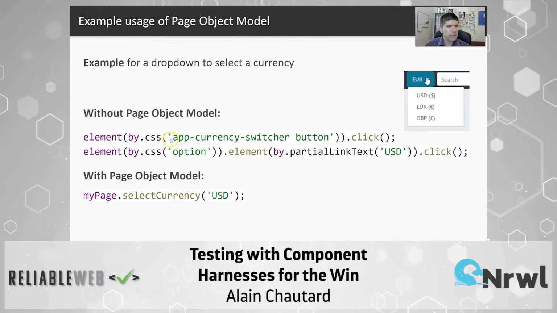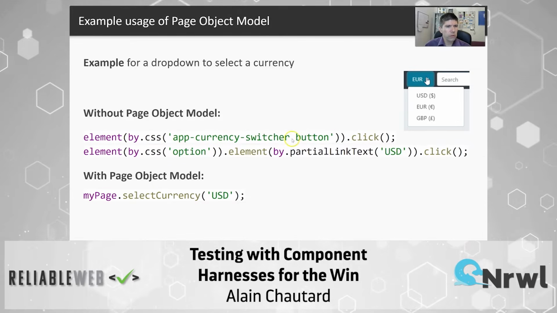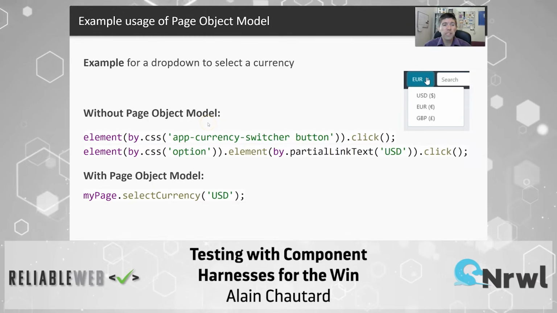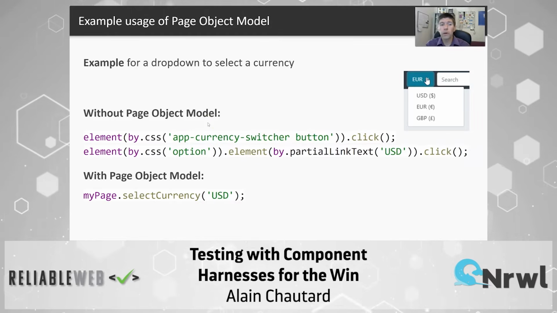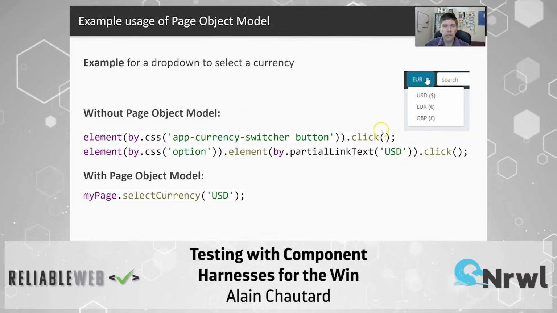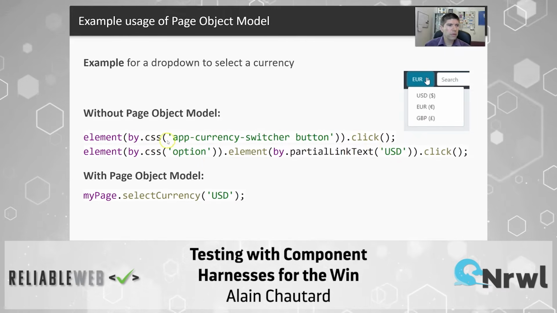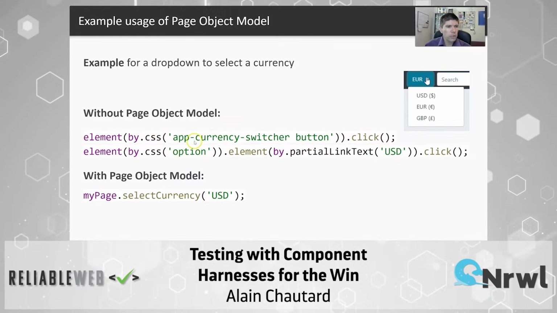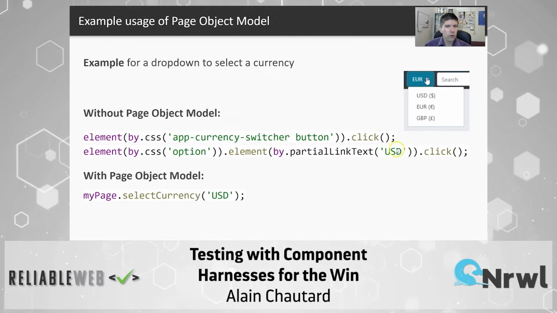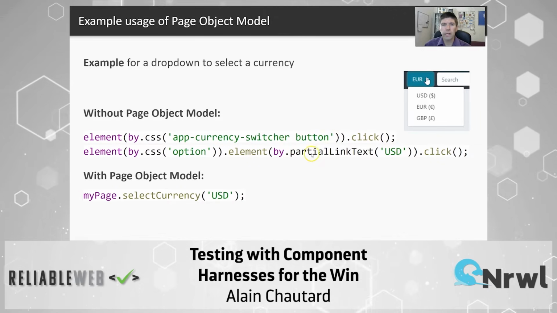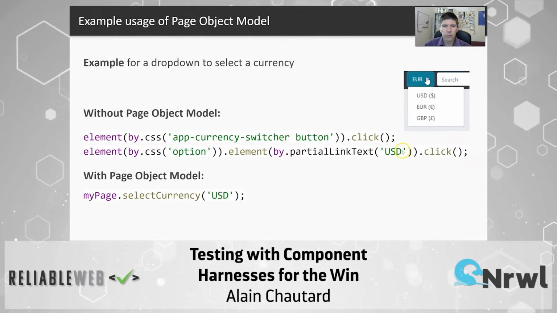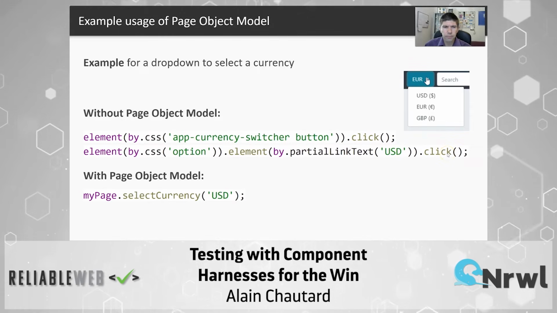So element by CSS, app currency switcher button. This selects a specific component on the web page and clicks on it, simulating a user interaction on that button. And once this is done, we select all of the options available with a subquery to select by partial link text to find the USD option, and then we click on it.